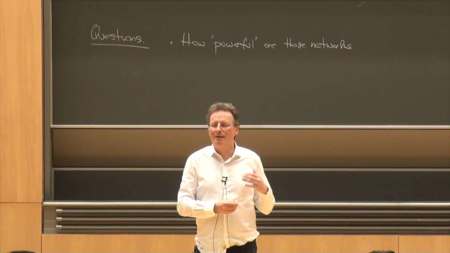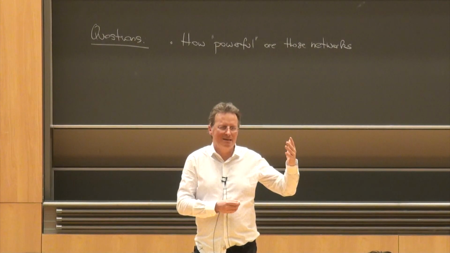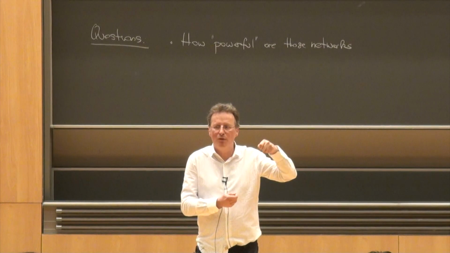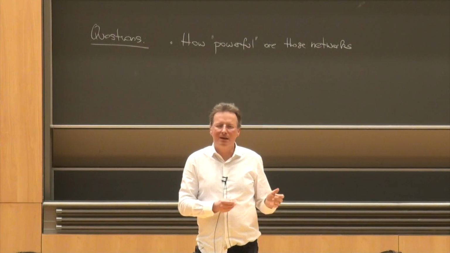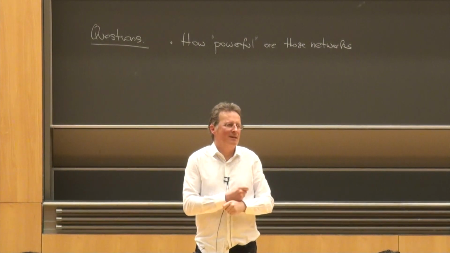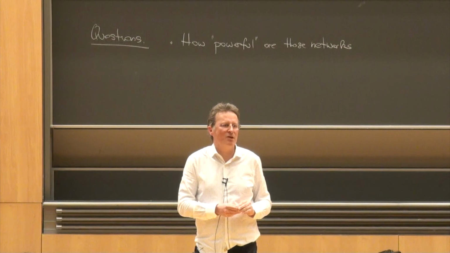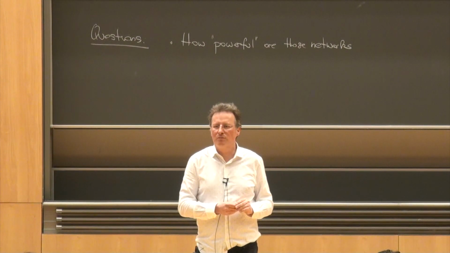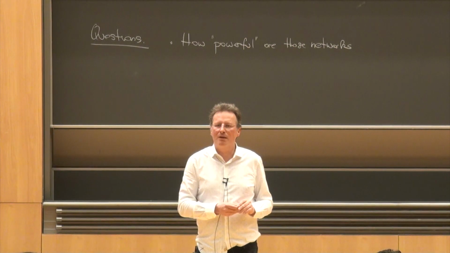That sounds great, but the devil is in the detail. The question is, how many nodes do I need to get a good approximation? It's great if I can do this with a few nodes. But if I need 10 trillion, billion, gazillion nodes for a very simple function, then perhaps it's not so useful.